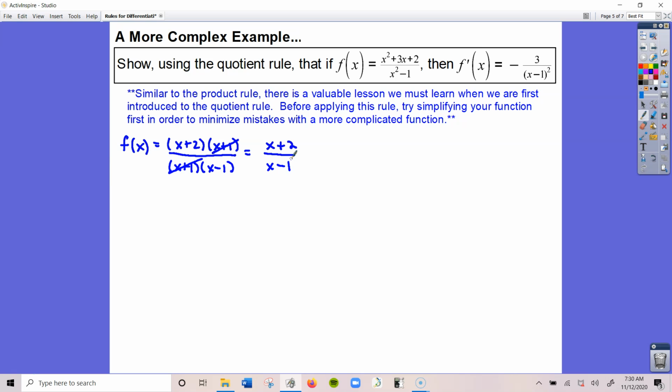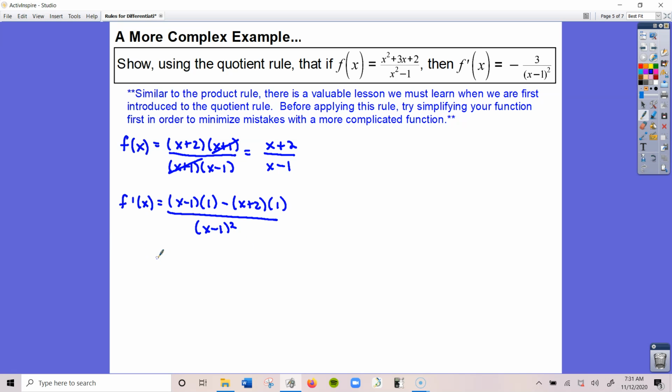This is much easier now for me to apply the quotient rule. So here we go. f prime of x is going to equal low times d high, which is x minus 1 times 1, less high times d low, which is x plus 2 times 1, all over x minus 1 squared.